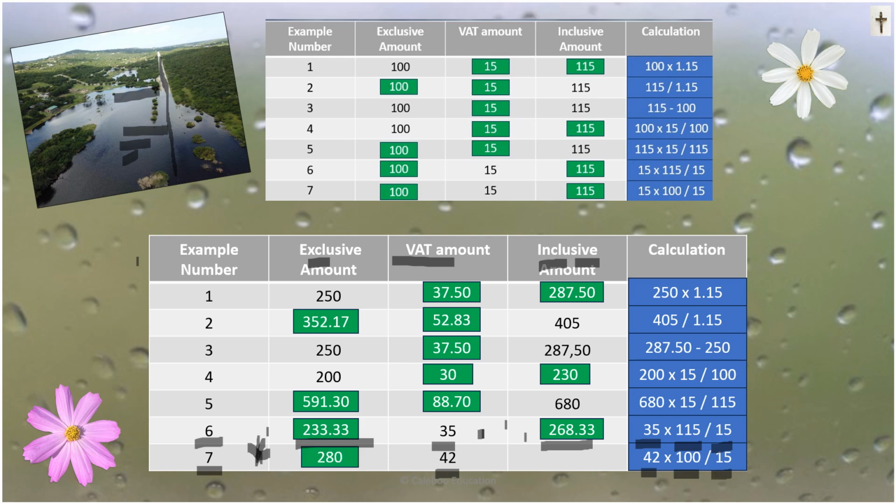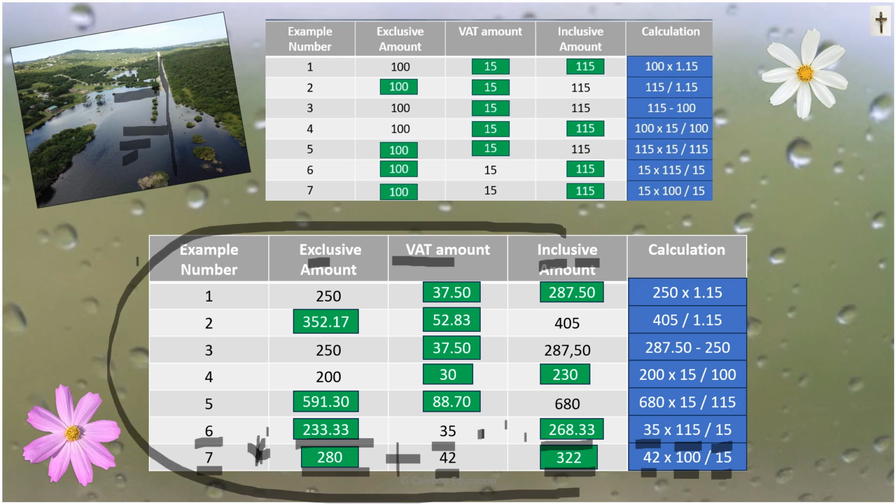And the answer is 280. Hopefully you've got a calculator in front of you and you're punching these numbers in yourself, so you're getting practice. And 280 plus 42 is equal to 322, which is the VAT inclusive amount.